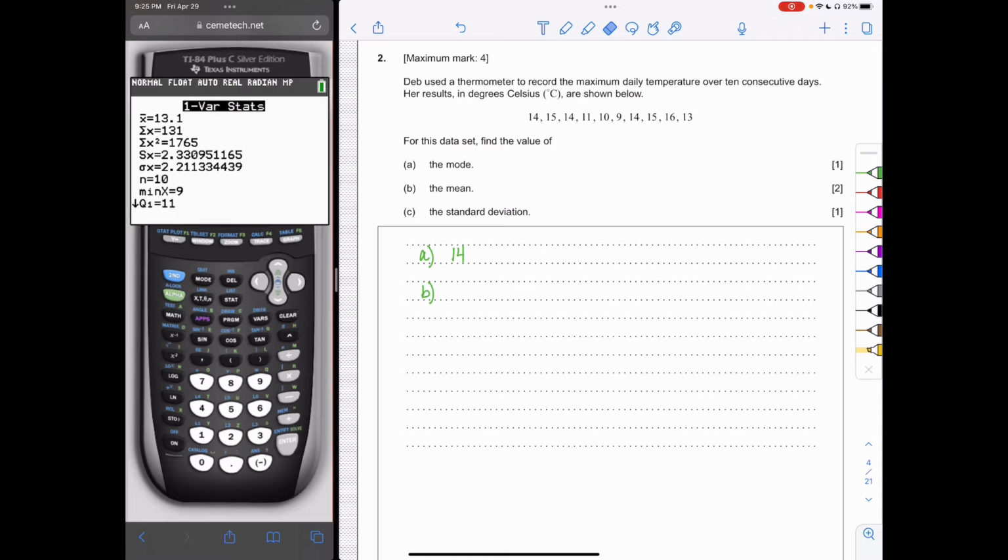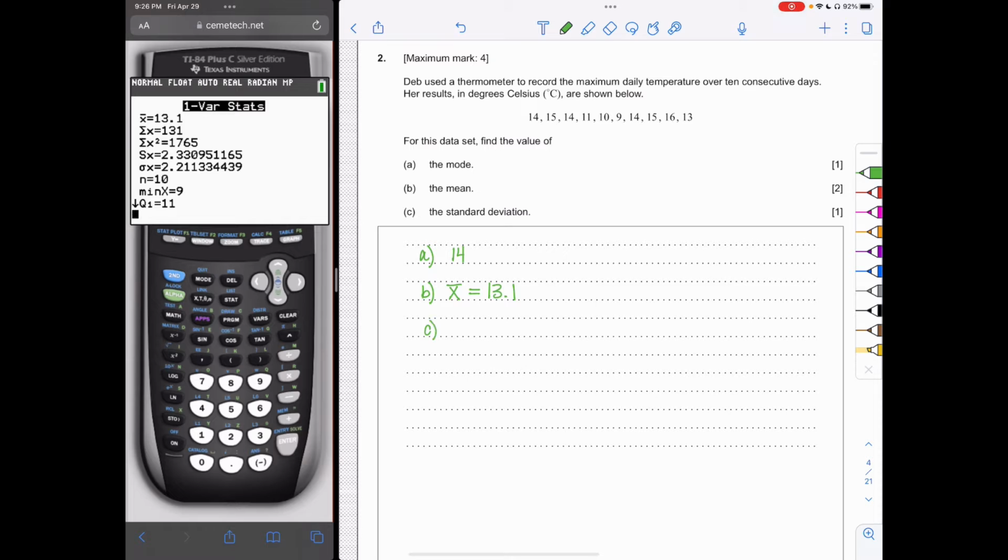And as you can see here, remember the mean is the x bar. So the mean is approximately 13.1. And actually, I can say it's actually not approximate, it's equal to 13.1. All right, your standard deviation, remember, is going to be the Greek symbol sigma, the lowercase version.